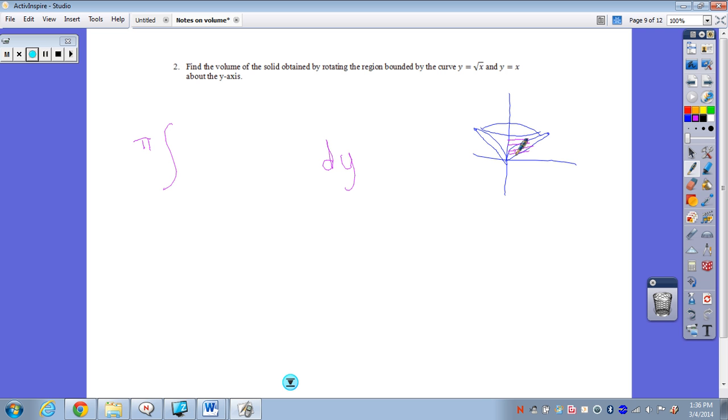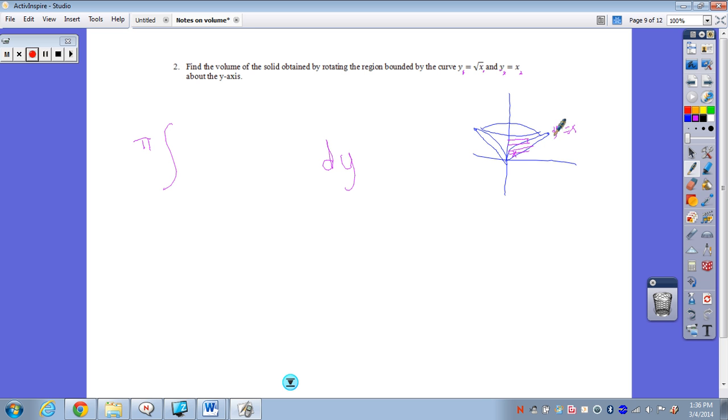So when we do our outer radius is this curve. So this distance is x. It's going to be determined by our curve. So that curve, let's call this y1, y2, which would make this our x1 and x2. So this is going to be my y equals x, my second curve. And we need to solve for x, which it already is in this case. So that's my outer curve.